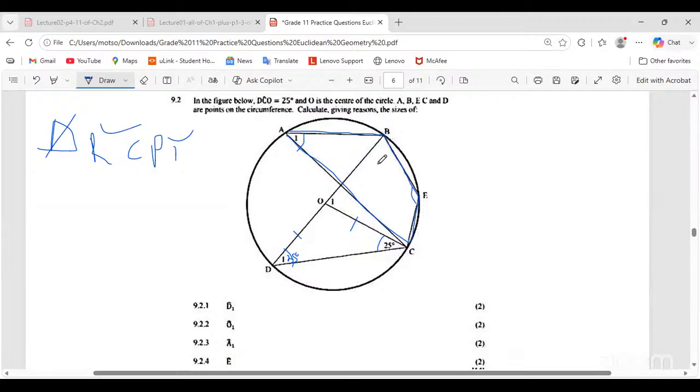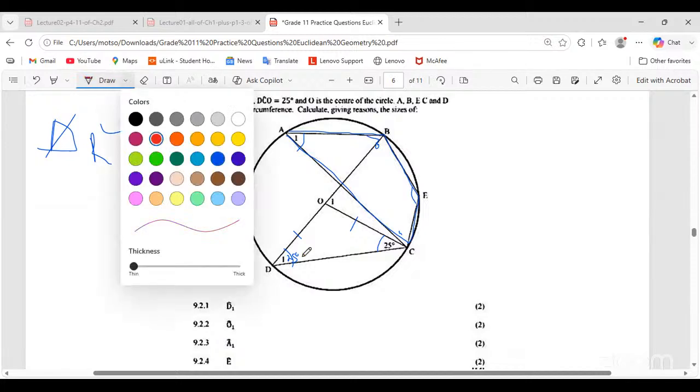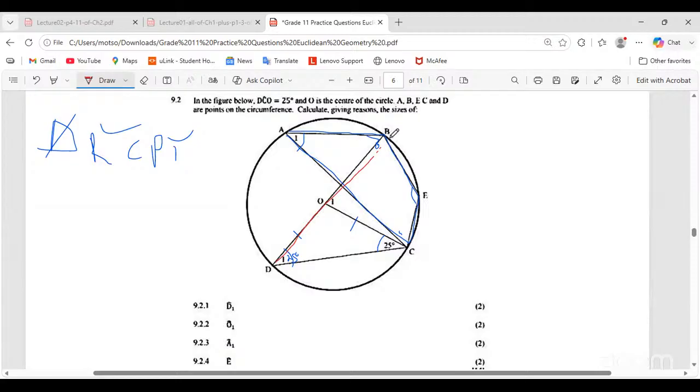It simply means that this angle plus this angle is equal to 180 degrees, and angle B and angle C are also supplementary. We also have this cyclic quad DBEC. So this angle and that angle are supplementary, and this angle and that one are supplementary. Why? Because they are opposite angles of a cyclic quad. Now we are done with C. We'll go for P, parallel lines, but unfortunately there are no parallel lines in this diagram. T, there is no tangent.